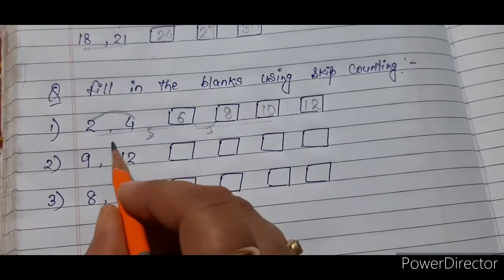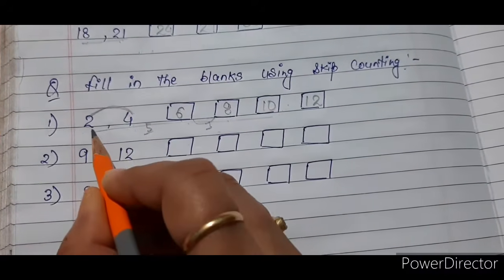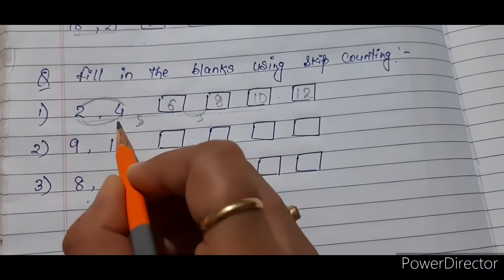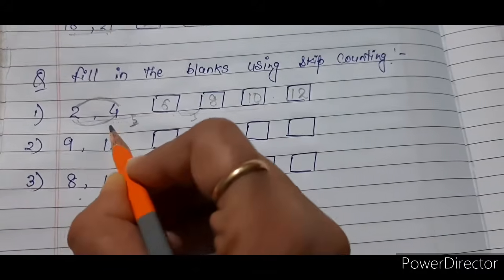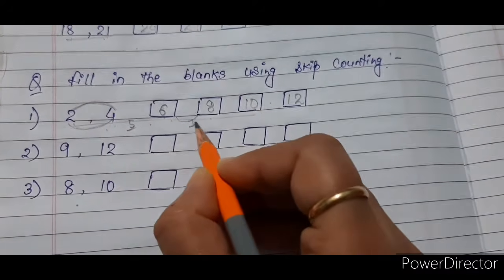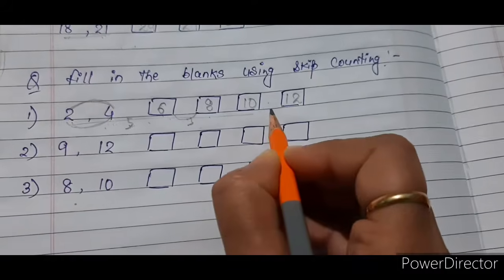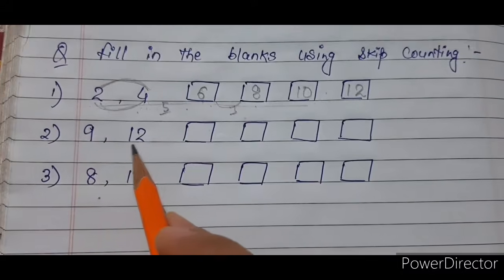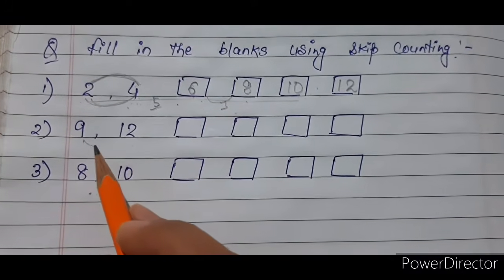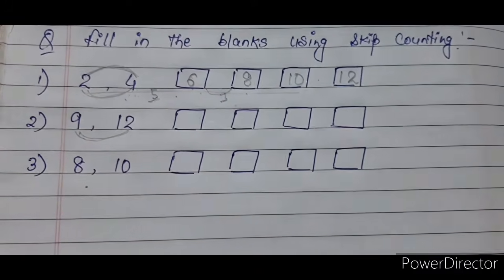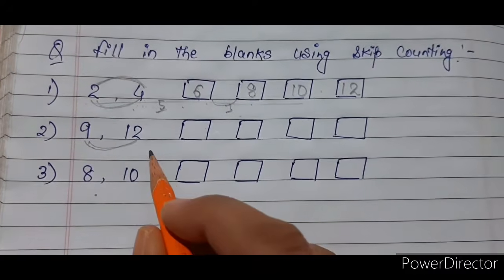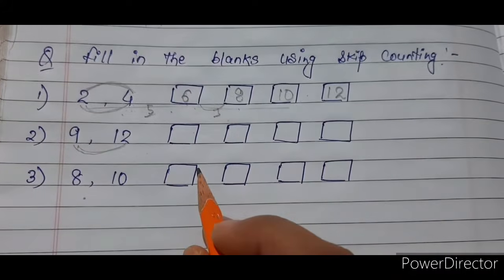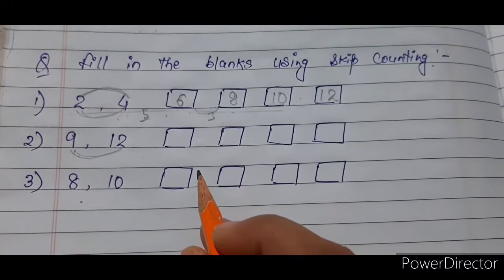अंडरस्टूड? सबसे इम्पॉर्टेंट बात ये है कि you have to check the difference between these 2 numbers. इन दोनों नंबर्स के बीच का आपको डिफरेंस देखना है. Then only you will be able to write the next numbers. Understood? In the same way, number 2, 9 and 12. Just check the difference between these 2 numbers. अगर आपको ये लग रहा है कि ये टेबल लिखा हुआ है, then simply you can write the table. अगर ये टेबल नहीं है, then you have to count and write.